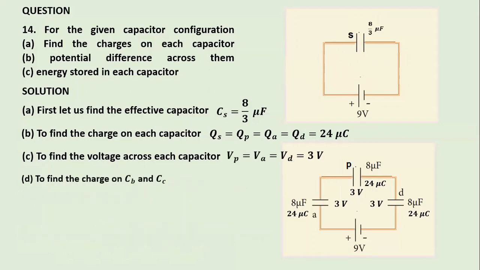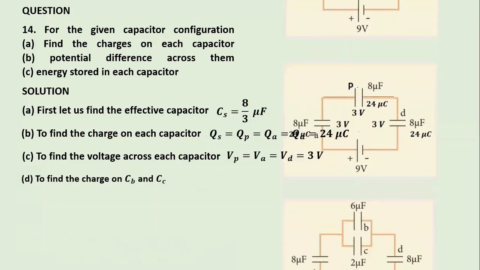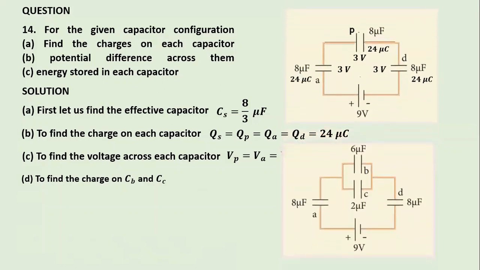To find the charges on B and C, let us replace the P capacitor by the original combination, 6 microfarad and 2 microfarad in parallel. The voltage across this parallel combination is 3 volt. Remember it. Now QB equals CB into VB. The value of CB is 6 into 10 power minus 6 and the voltage is 3 volt, so the charge on capacitor B is 18 microcoulomb.